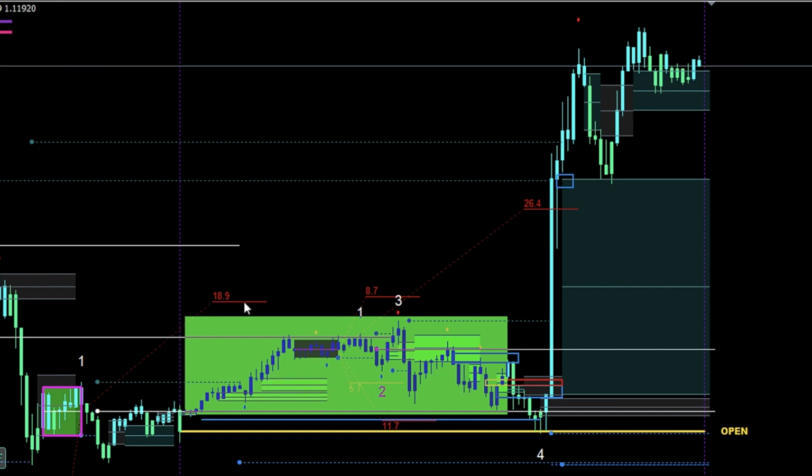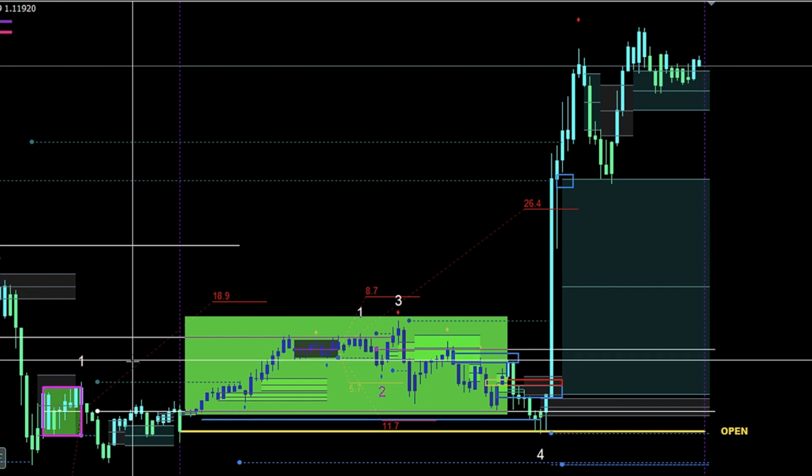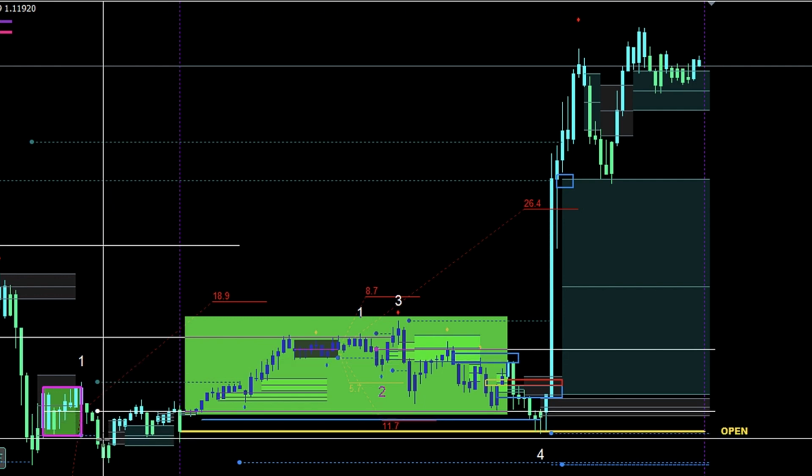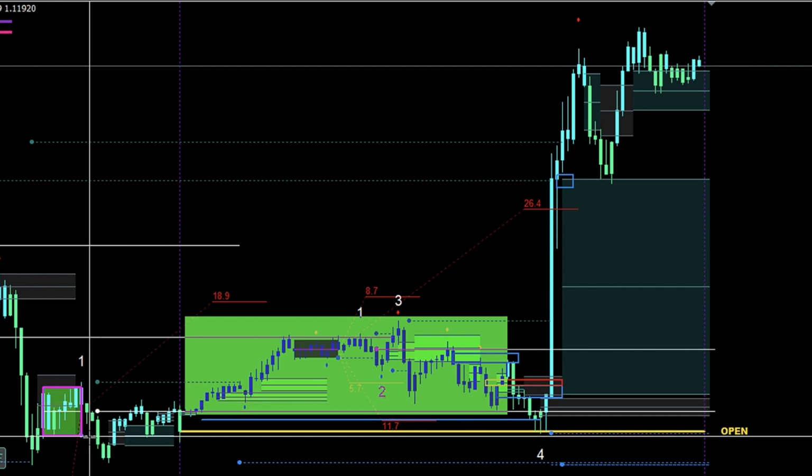Later it went down and tested the line, as you can see here. This was the line that we are looking for. I mean, it tested the low of this box. So here we have this box, and this is the low of this box.